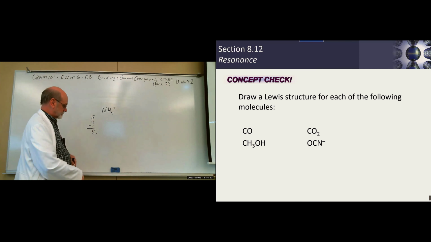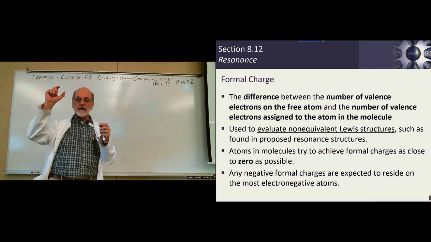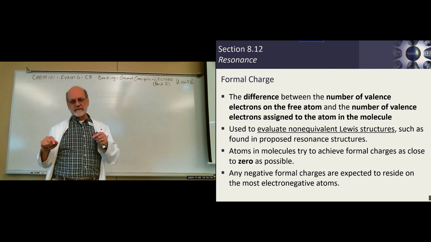So sometimes we have different possible Lewis dot structures for a molecule, and they are radically different from one another. They don't have that simple double bond moving around. In that case, then you need to decide which one is the valid one.